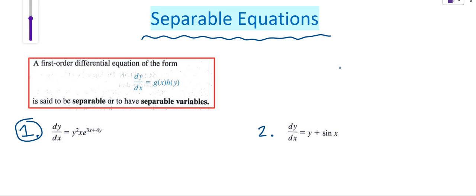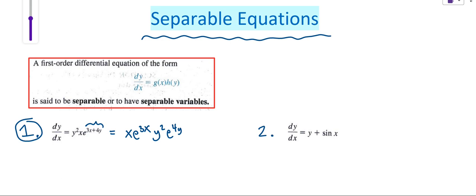Here we can see that we can rearrange this equation to look something like this. We have x times e to the 3x, and remember that this part can be separated using the exponent law. So we have x e to the 3x, and then we have y squared times e to the 4y. All we're doing is splitting it up and rearranging.